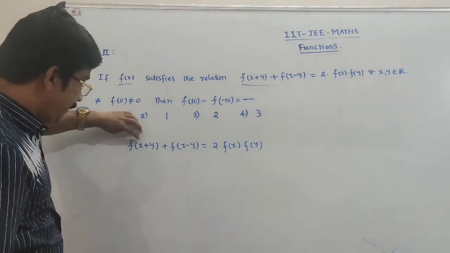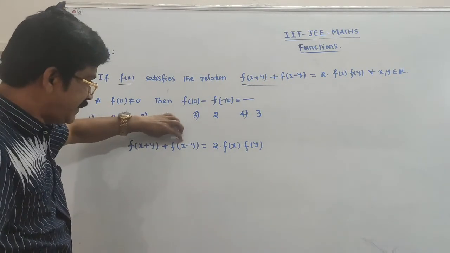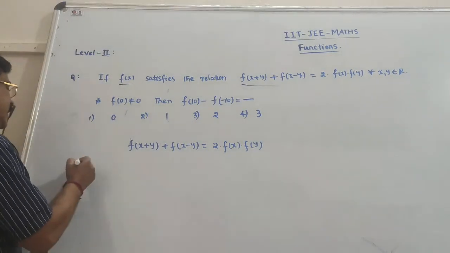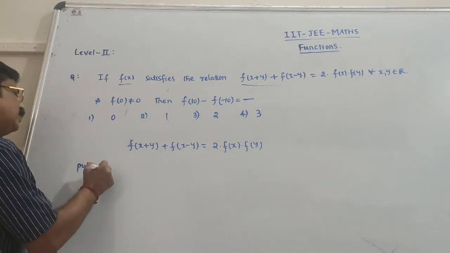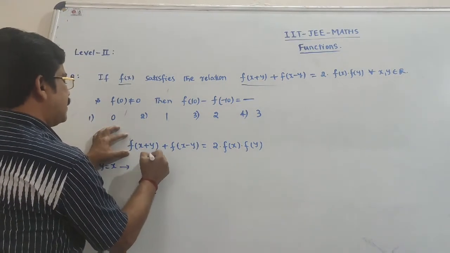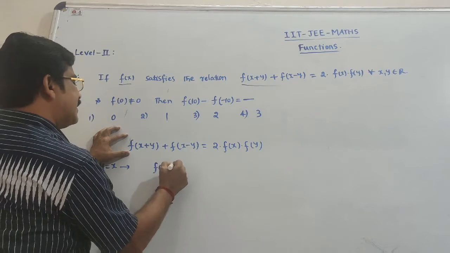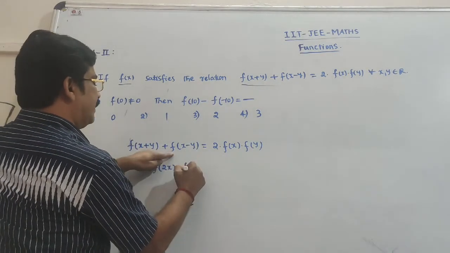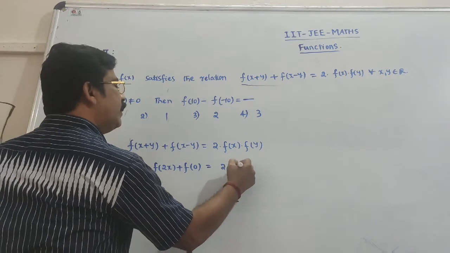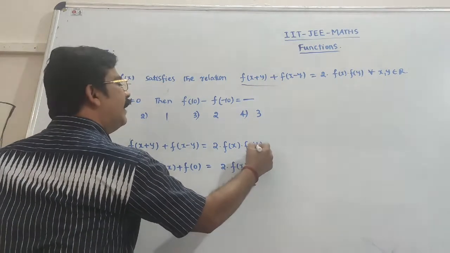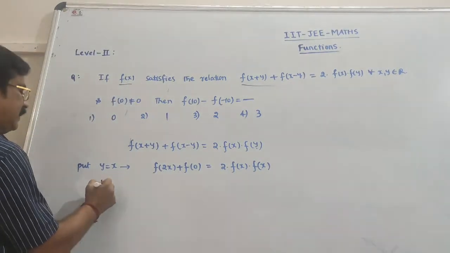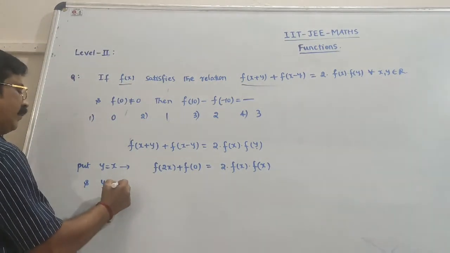Whenever it is given as x plus y and x minus y, follow this procedure. First, put y equal to x. Then x plus x is 2x, so f of 2x plus f of x minus x, which is f of 0, equals 2 into f of x into f of x. Second case, put y equal to minus x.